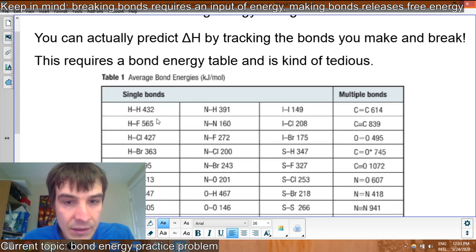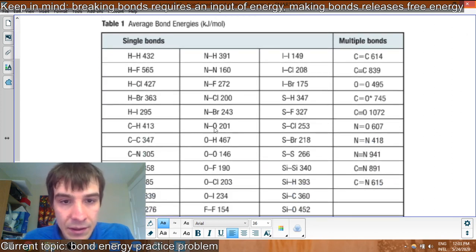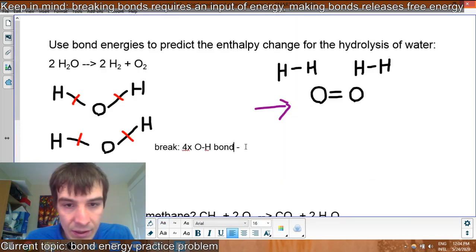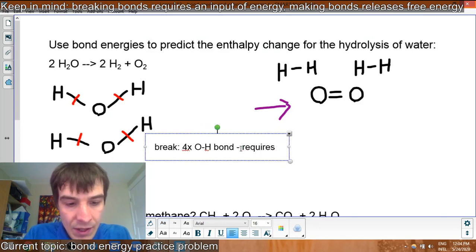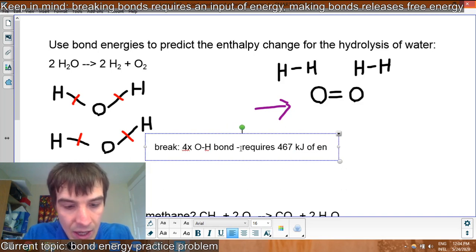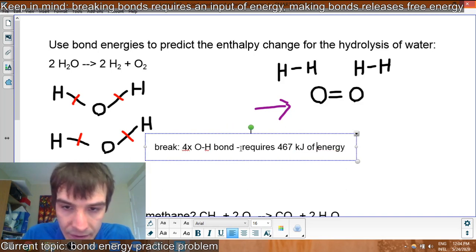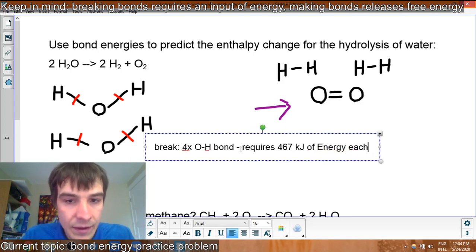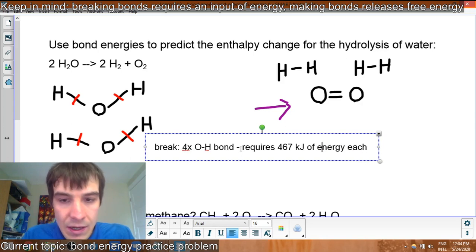An OH bond, let's find it on our table. OH single bond, 467 kilojoules. It requires 467 kilojoules per mole of energy each.